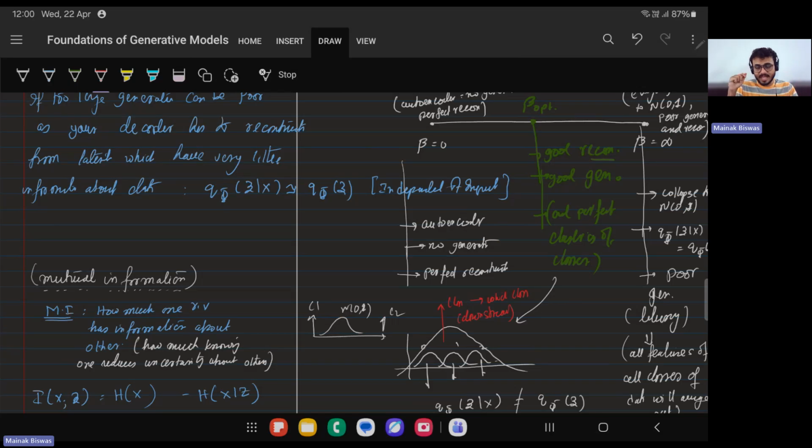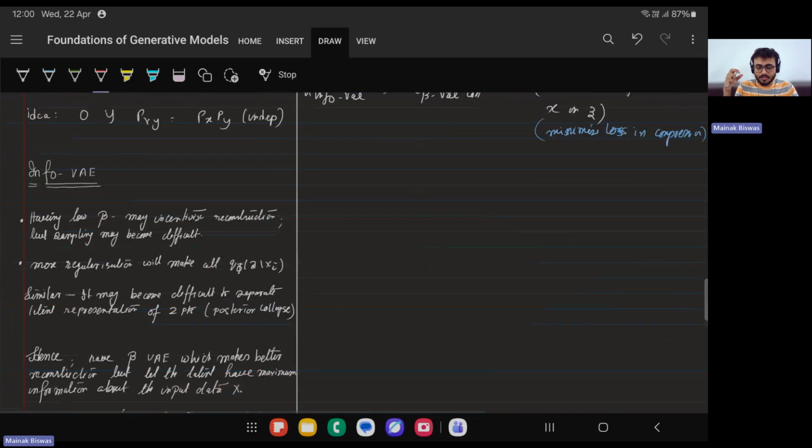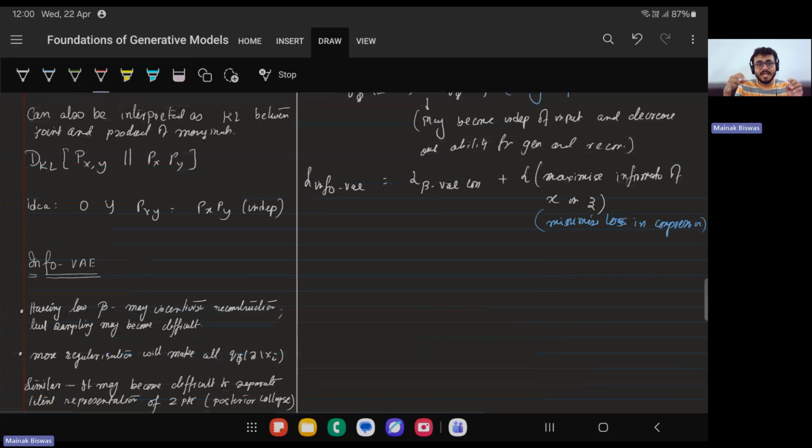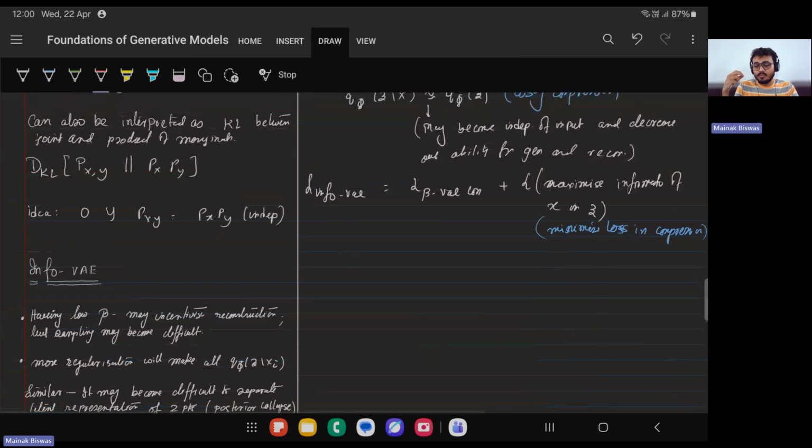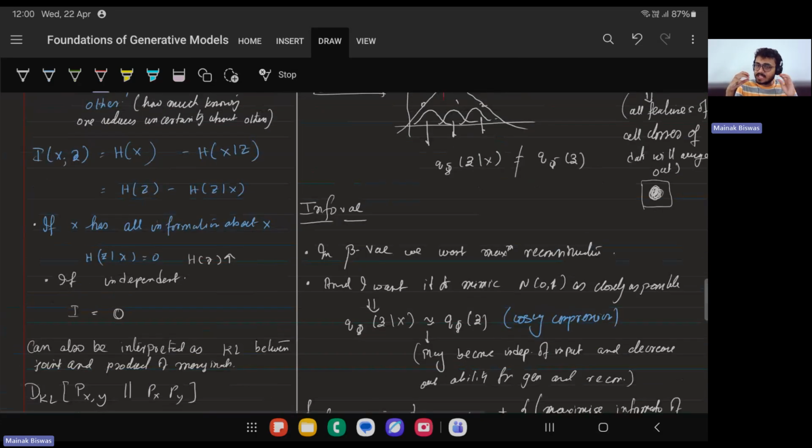Downstream tasks can be better if there is maximum information of X in Z. So again, if you club together everything from the last few days, you want the latent to have maximum information about X, about the data, so that the latent is separating out the data in some representation space, which helps in classification for multiple tasks. It could be digit classification, object recognition, and so on.